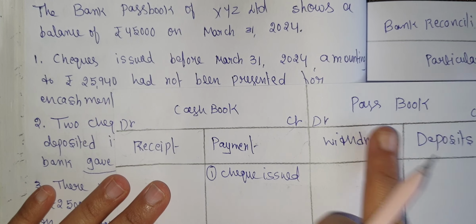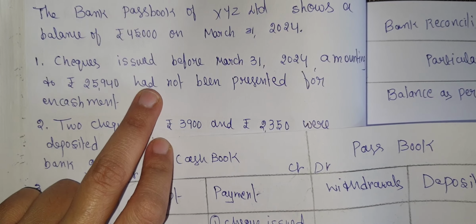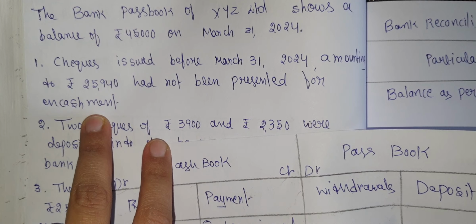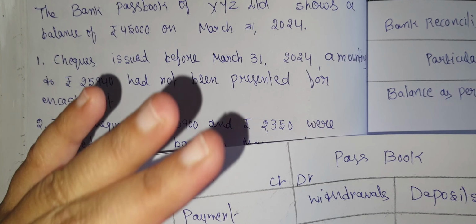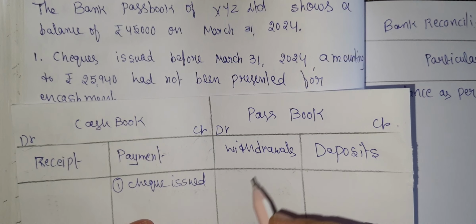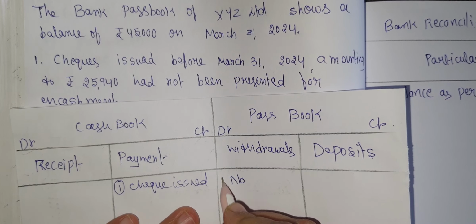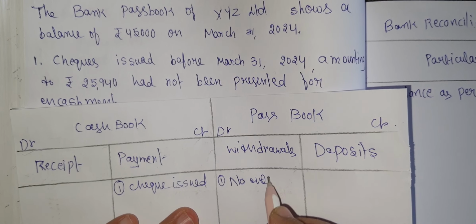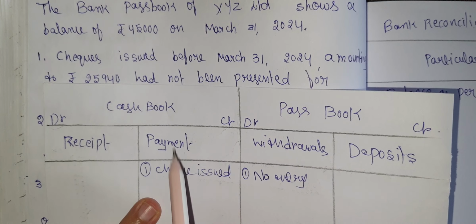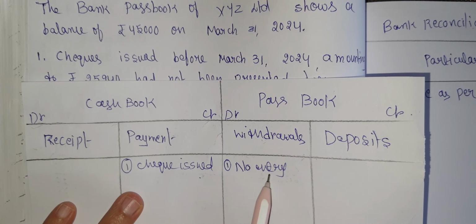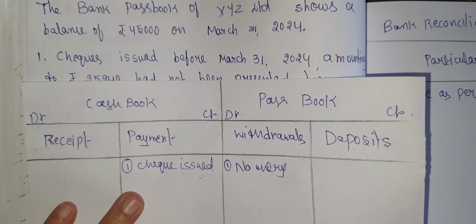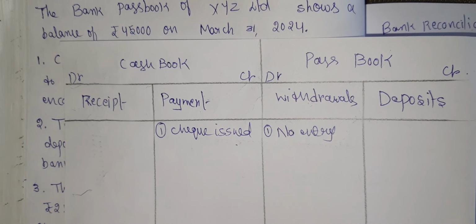What about the passbook? They said it had not been presented for payment, means there is no entry in the debit or withdrawal side of the passbook. This is our first step.